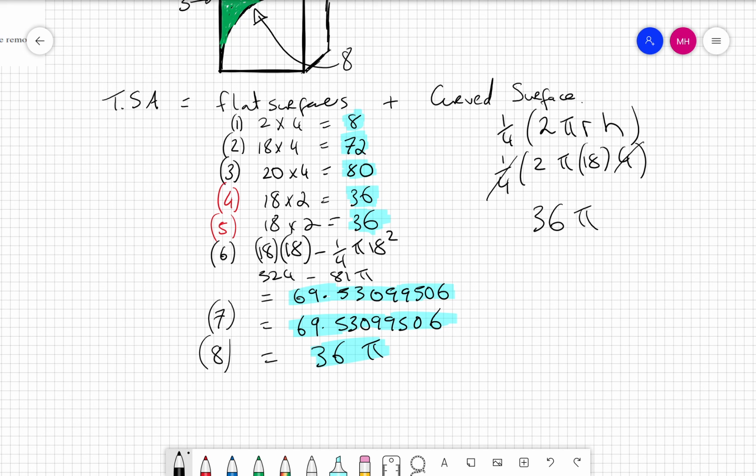So calculators out, get them ready. 8 and 72 is 80, so it's 80 plus 80 plus 72 plus 2 times 69.53099506 and 36 pi.